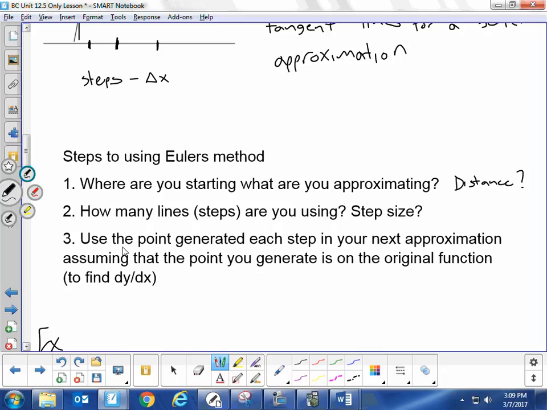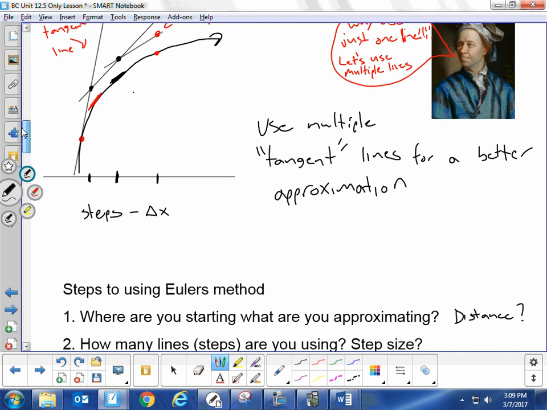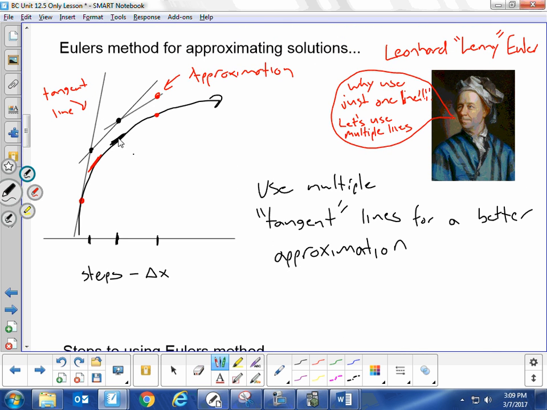Okay? And all it is is this picture. Keep this picture in your head where you have tangent lines to get my slopes of these lines so that I can go 1, 2, 3 steps to get a more accurate approximation instead of just using my first one, which would have been way, way off. Okay?